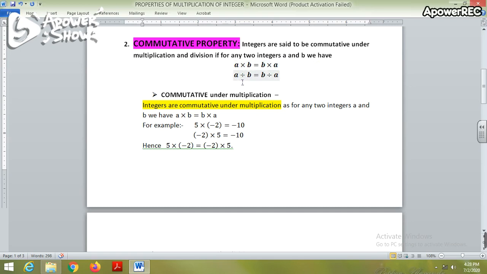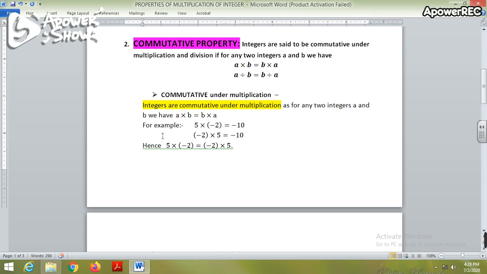If these two conditions are satisfied, then we can say integers are commutative under multiplication and division. So let's see whether integers are commutative under multiplication or not.